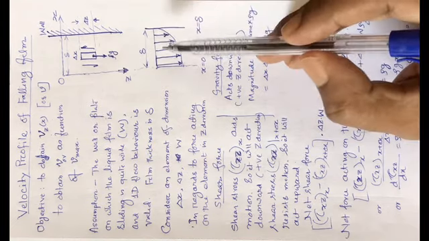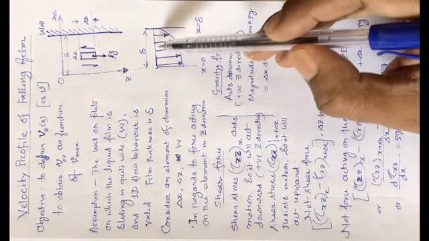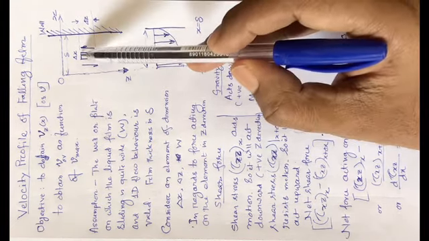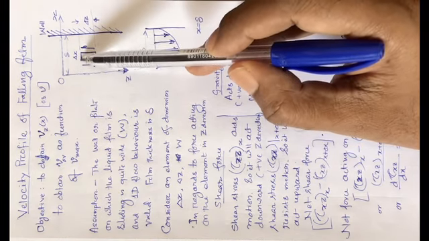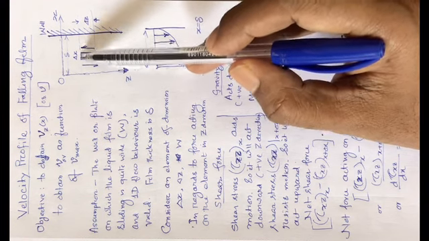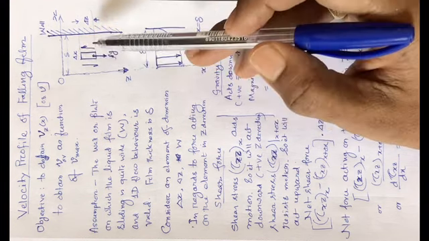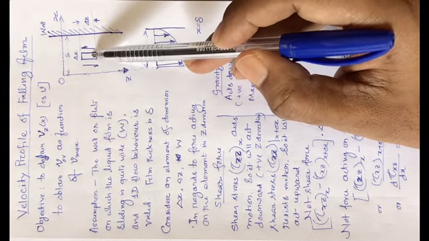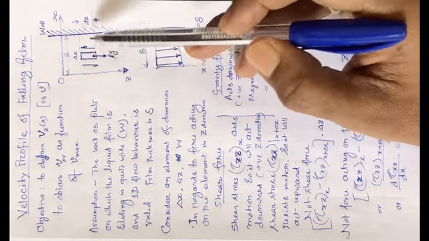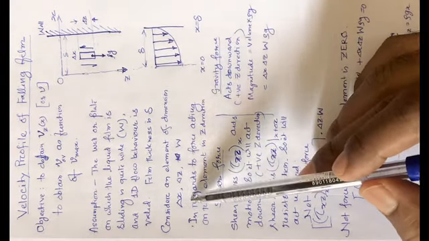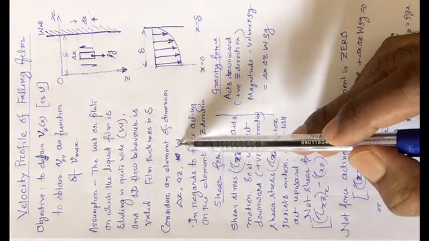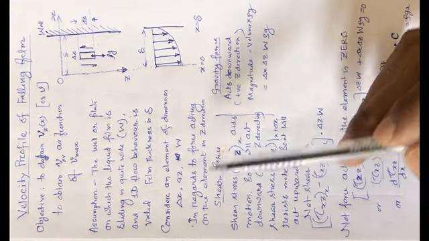In between, where the fluid is flowing, we consider one element. The element has a thickness of delta x in the x direction, and across the surface the width is W and the height is delta z. So we are considering an element of delta x, delta z, and W. That is the 3 dimensions.